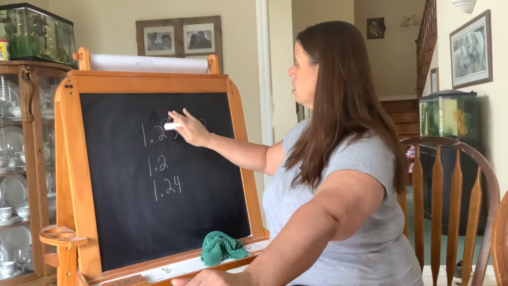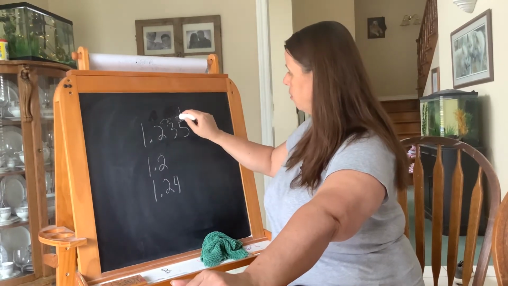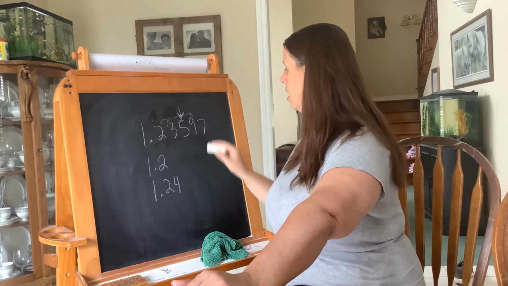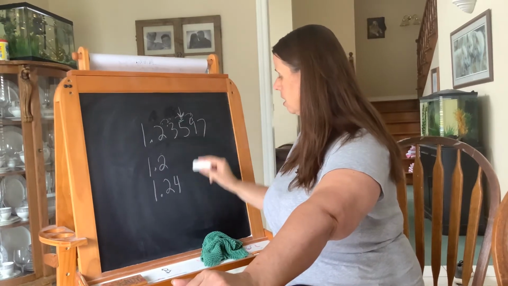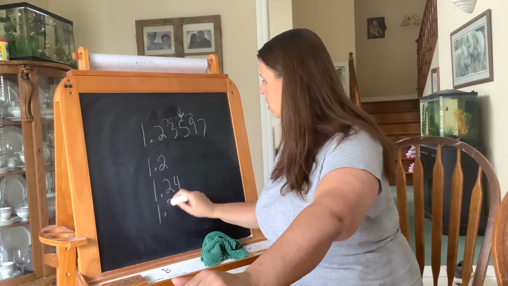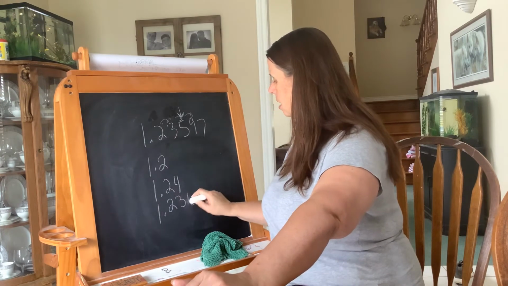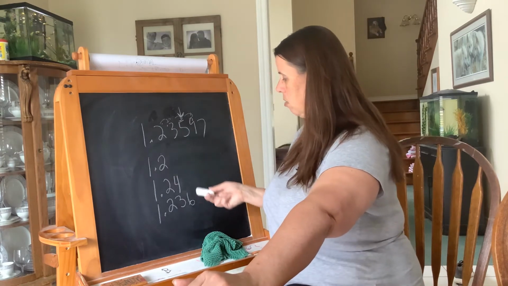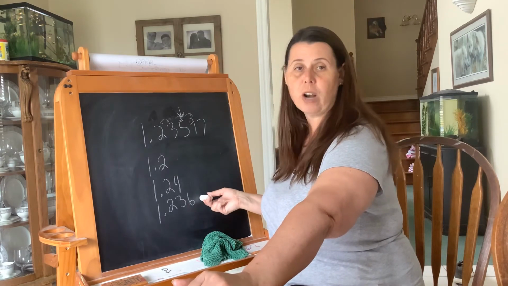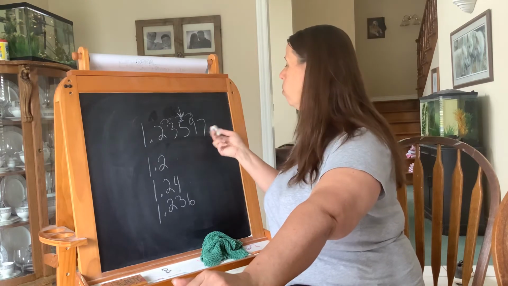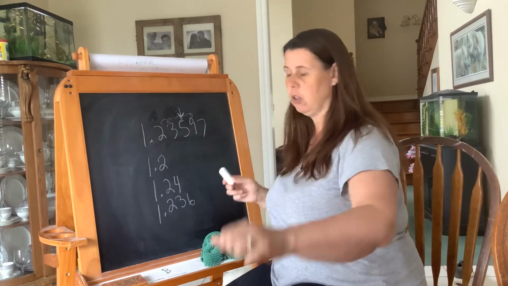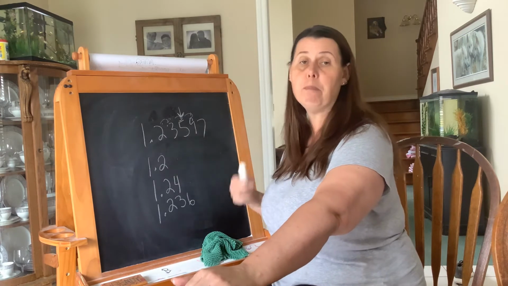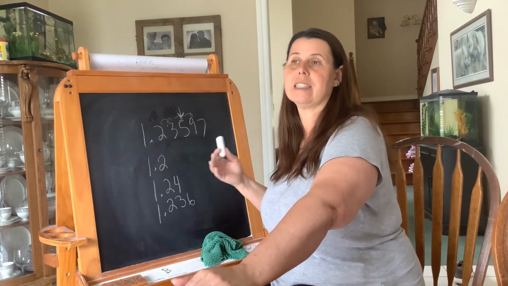To round to the thousandth, I find the thousandth column, and I look next door. 9 says round up, so that means this is going to become a 6. 1 decimal 2, 3, 6. The difference between rounding to the tenth, hundredth, and thousandth is this is much more accurate. You're throwing away less, smaller and smaller parts. When you round to the tenth, you throw away bigger parts, which means it's less accurate.